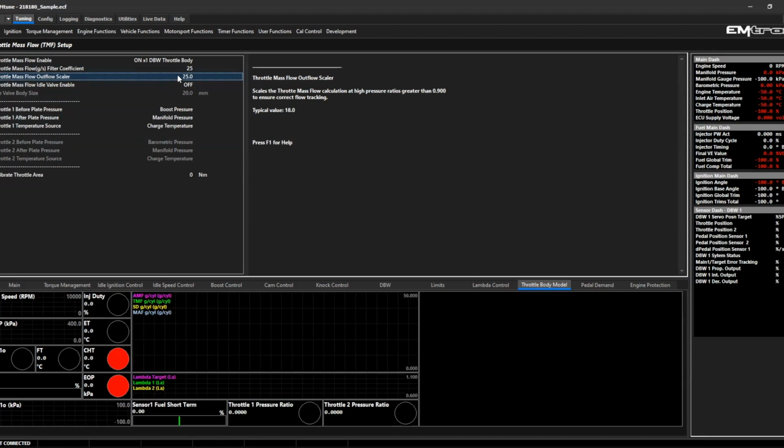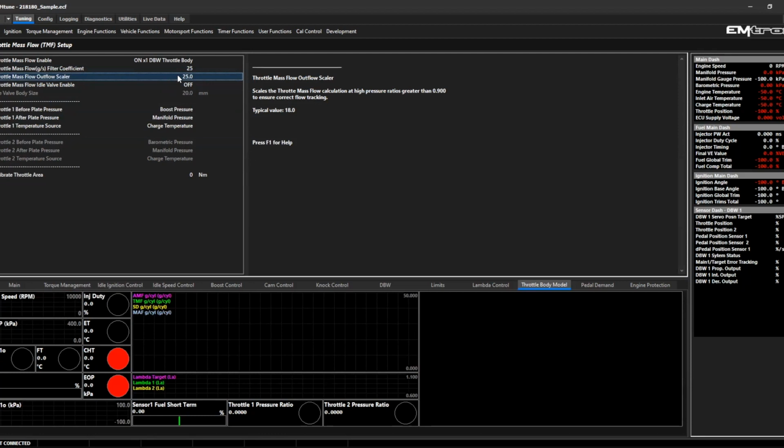It's very easy to experiment with by just reducing or increasing the number. Increasing the number will reduce the calculated throttle mass flow output at these pressure ratios close to 1, and if you reduce the number, it will increase the driven output flow for lower plate positions.